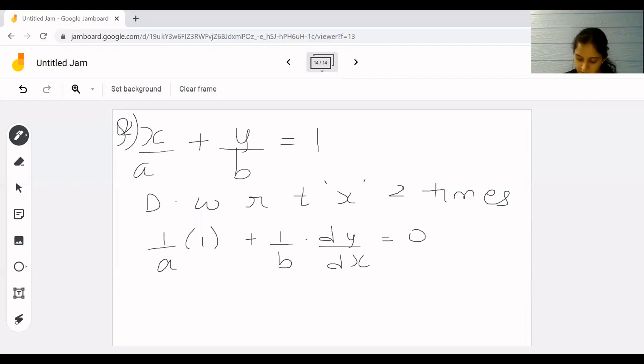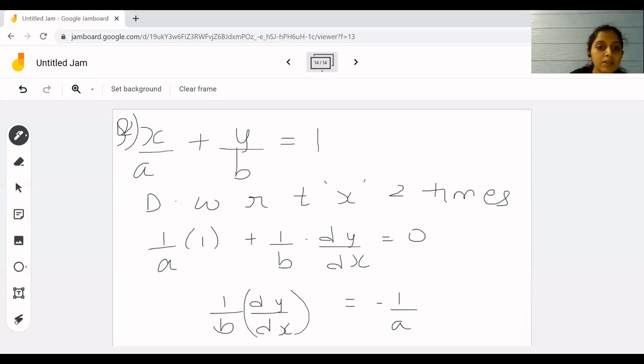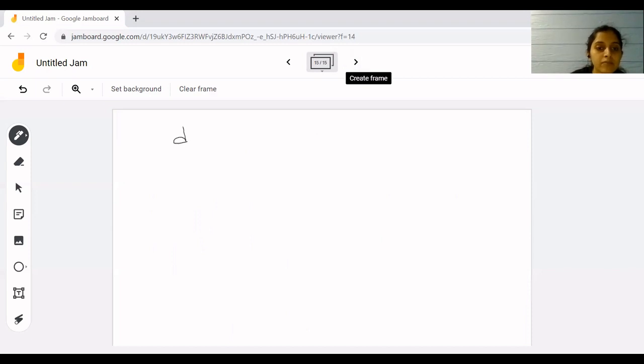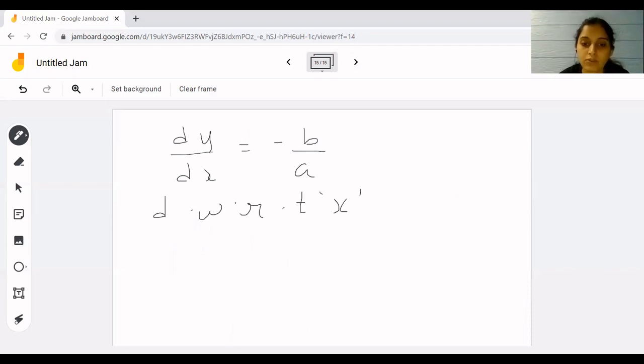Okay, let's differentiate, or you can say 1 upon b dy by dx is equal to minus 1 upon a, and so dy by dx is equal to minus b by a. Okay. Differentiating this with respect to x again, second differentiation is yet remaining. You have to differentiate it if you have two variables.